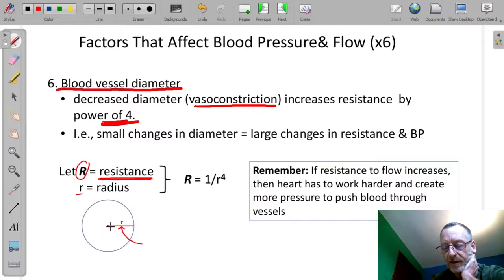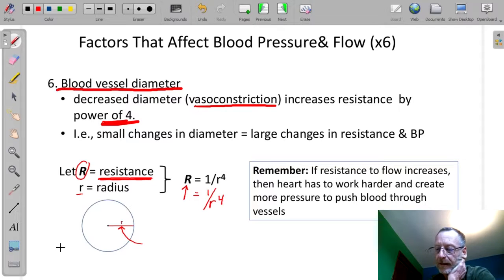And the diameter, of course, is two radiuses, twice the radius. So the resistance is more or less equal to 1 over the radius raised to the 4th power.